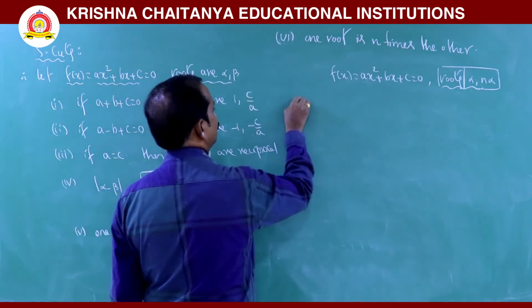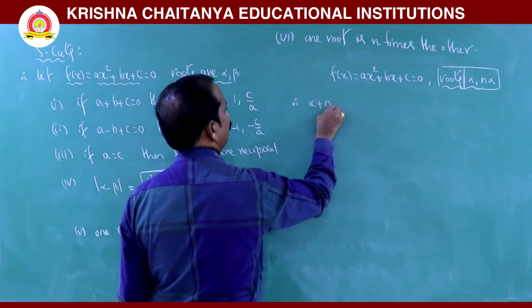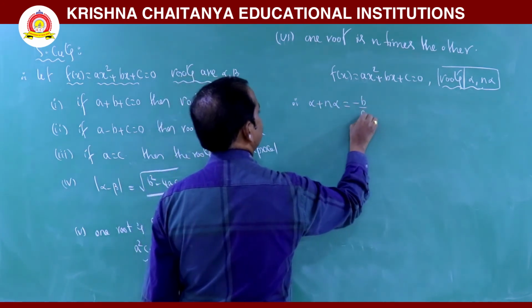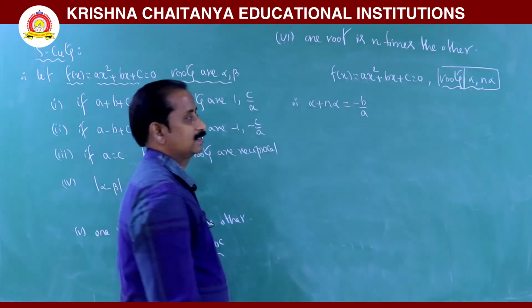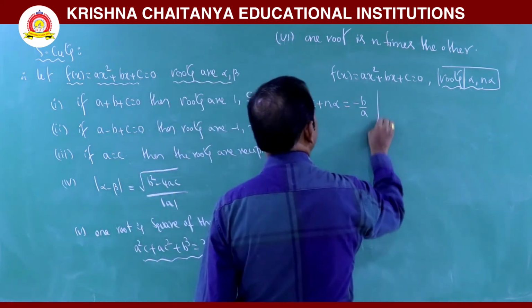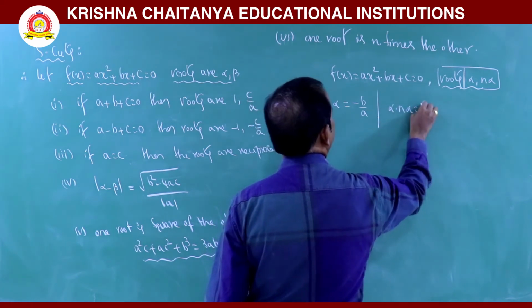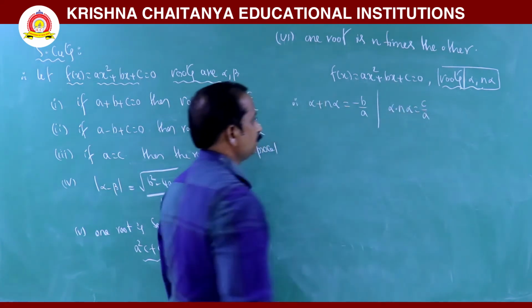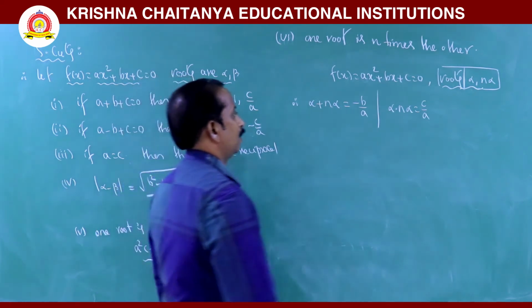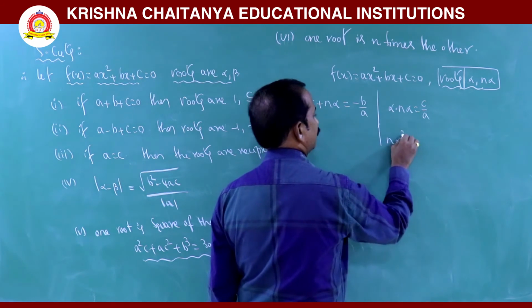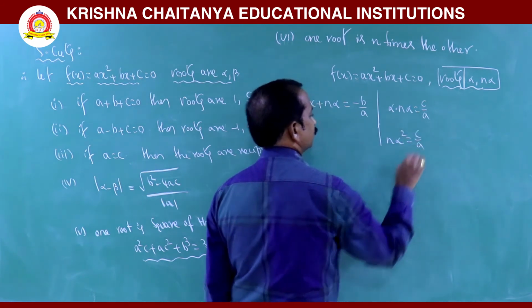Sum of the roots nothing but alpha plus n alpha, it is nothing but minus b by a. Next, product of the roots nothing but alpha into n alpha, it is nothing but c by a. Now alpha into n alpha nothing but n times alpha square, nothing but c by a.